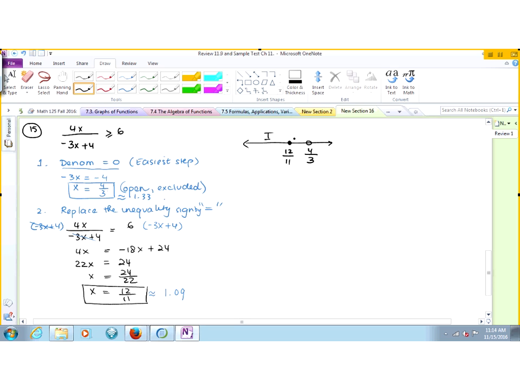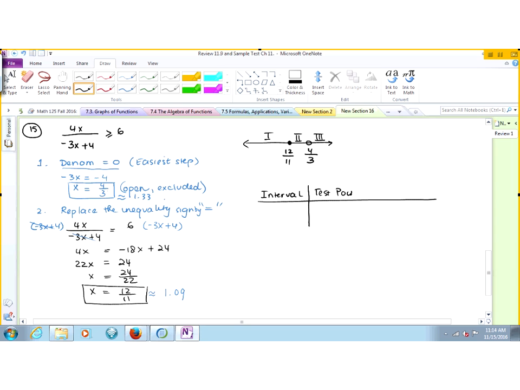So how many intervals do we have? 3 also. Do we know the graph or do we need to use the intervals? Intervals. Yes.